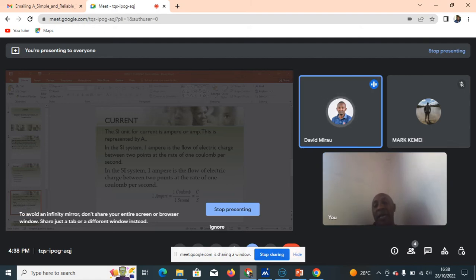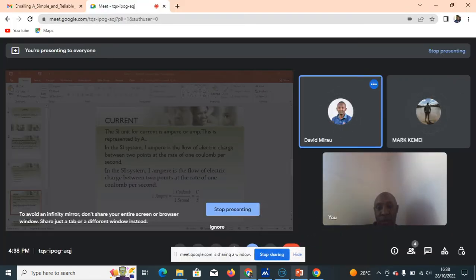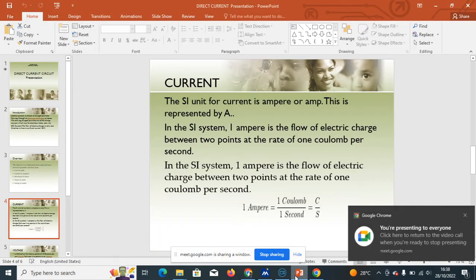Now, what is the SI unit for voltage? Volts.